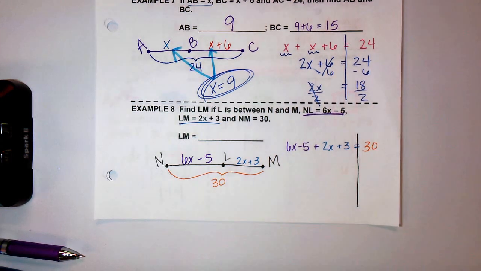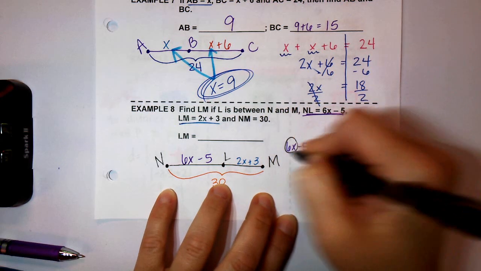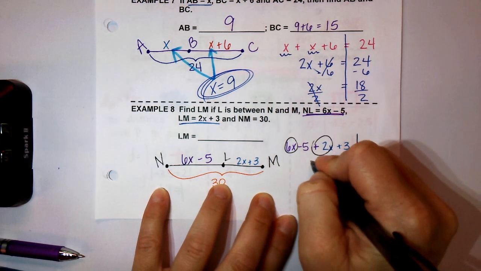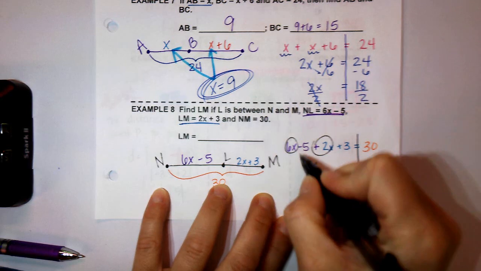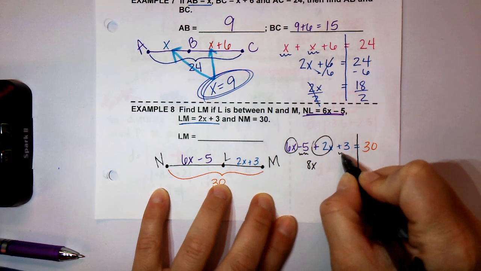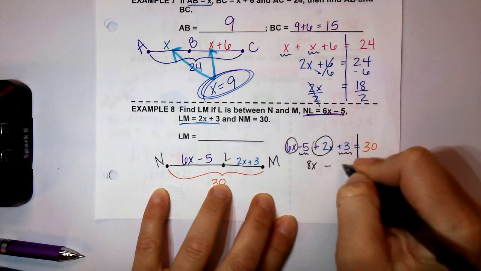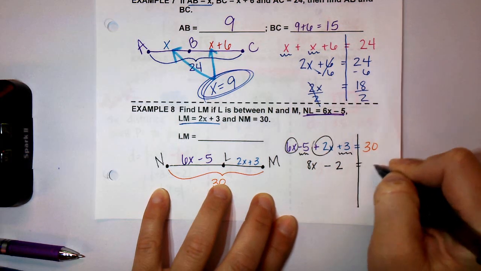Combine your like terms and solve for x. So 6x plus 2x is 8x. Negative 5 plus 3, good, equals 30.